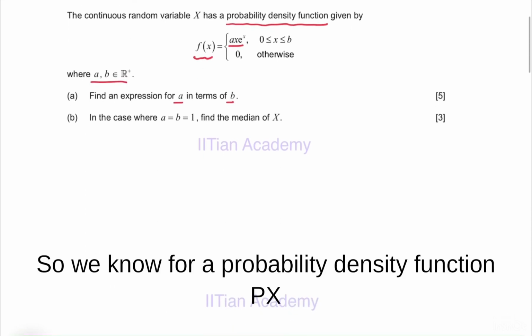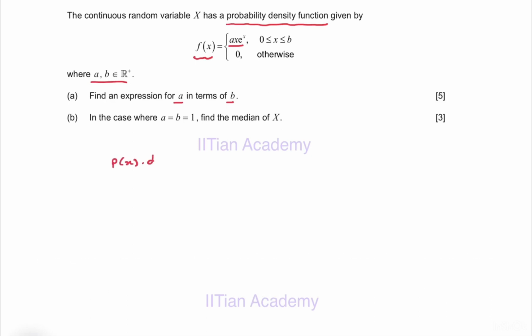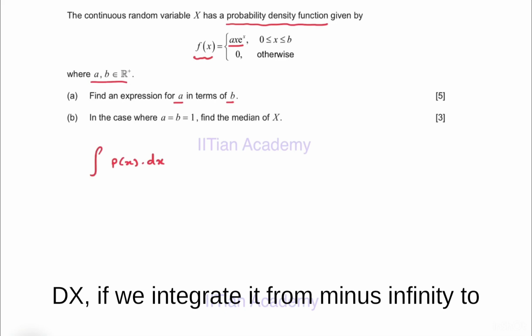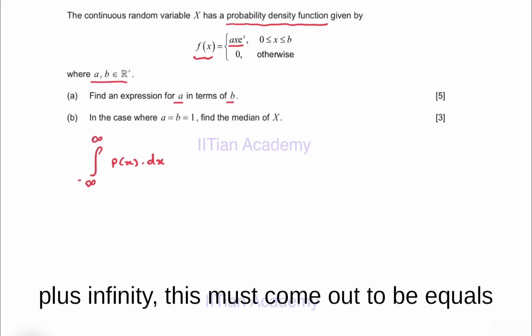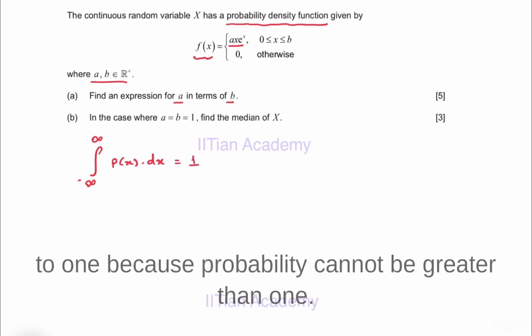So we know for a probability density function p(x) dx, if we integrate it from minus infinity to plus infinity, this must come out to be equal to 1, because probability cannot be greater than 1.